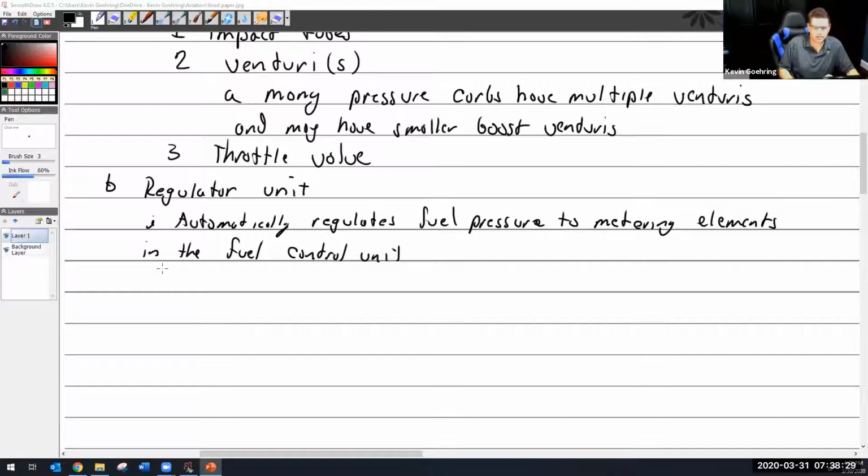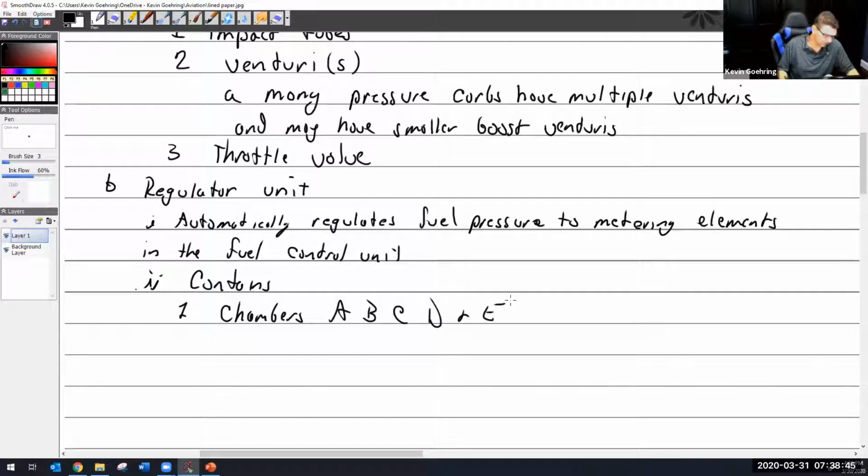Regulator unit. It contains chambers A, B, C, D, and E. Not always, but sometimes.